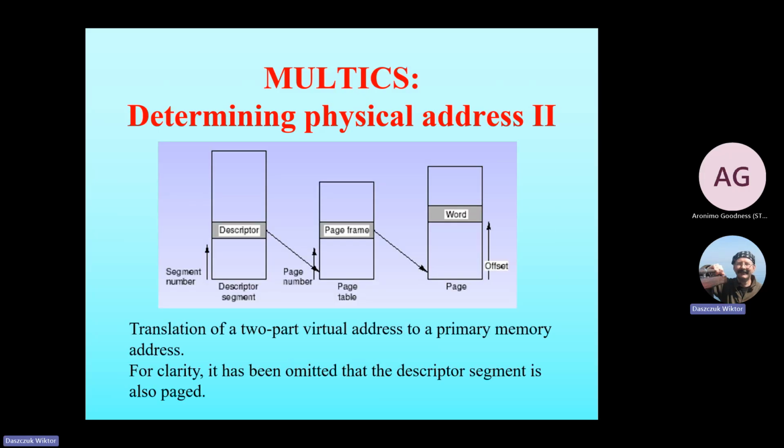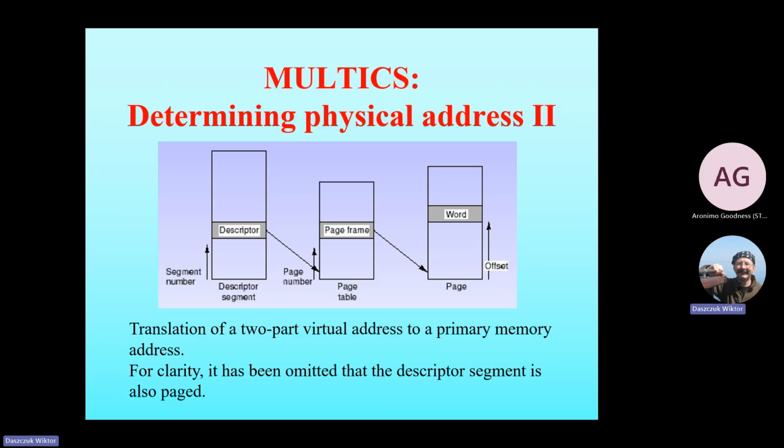And the addressing was performed in such a way that the highest part of the address is segment number. We look at the segment descriptor table and we look where the page index table of this segment begins. And we take the page index table for this segment.